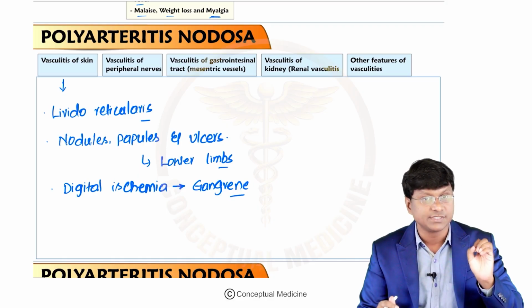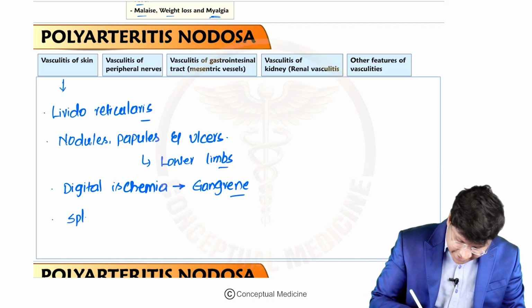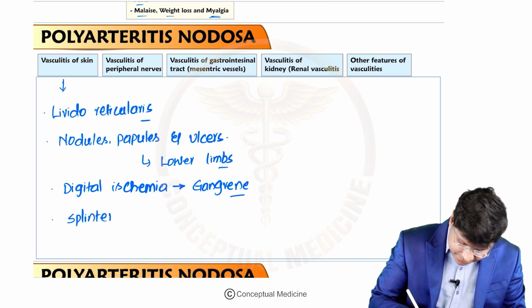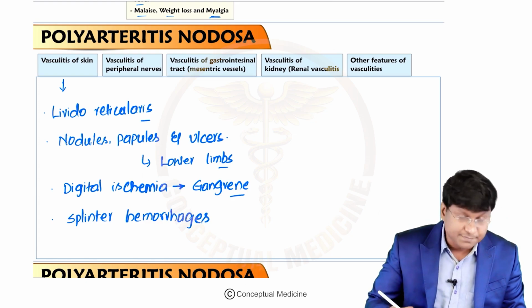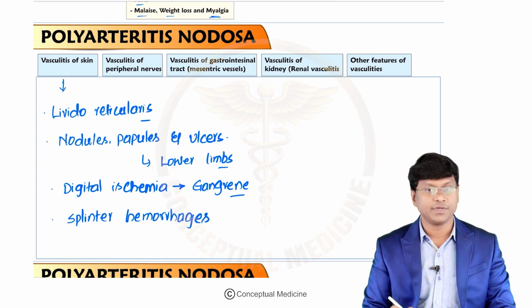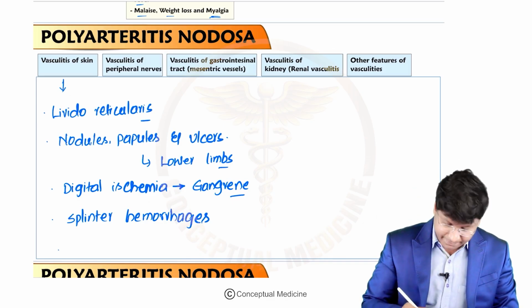And within the nails, the individual will have the presence of splinter hemorrhages. And there can also be presence of palpable purpura.